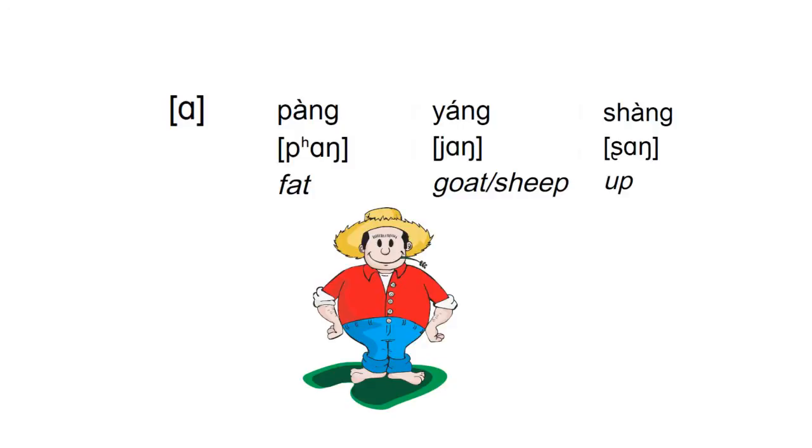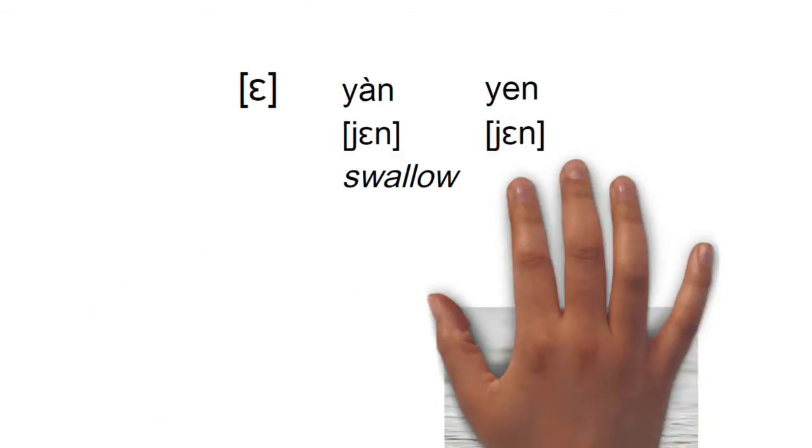The Mandarin vowel drifts a little bit in the direction of English's aw vowel. The tongue is a little bit more forward in Mandarin than in English, so you have pang in Mandarin instead of pong. But the difference is so slight that you can basically ignore it and use your familiar a vowel, like in father. Next comes e, as in Mandarin's yin, and English's yen.